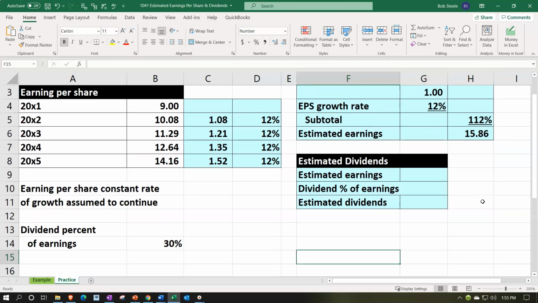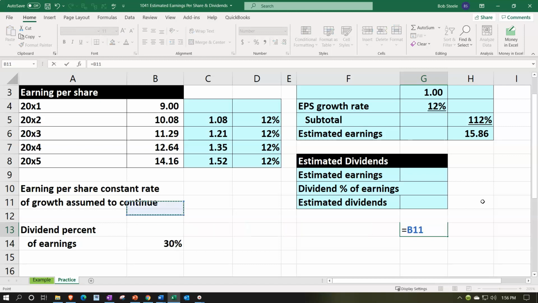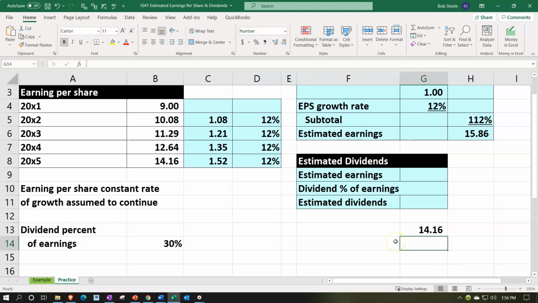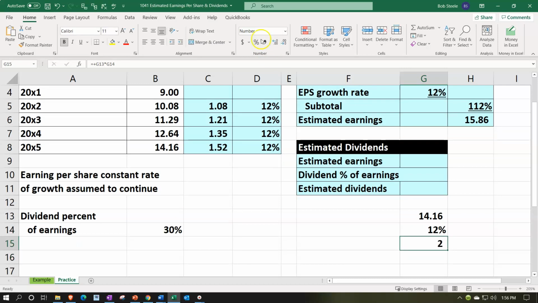So another way you could think about this, note that if I take the 14.16, we could then say, well, we expect the growth to be 12%, making that a percent. So if I multiply that out, that means we're going to have about 1.7.